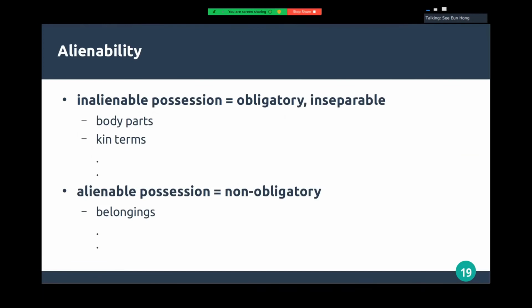Me possessing my arm is obligatory and it's inseparable, unless there is like an accident. Or kin terms like mother, father, brother, those are also inalienable. And on the contrary, alienable possession is non-obligatory, like things that I own, or people I own if it were a feudal society.